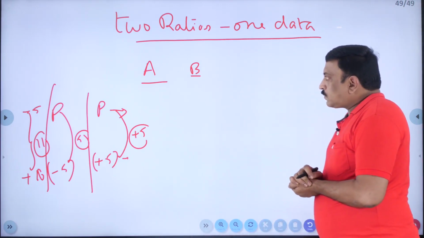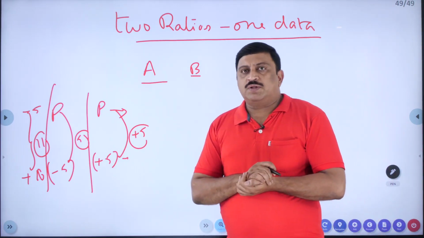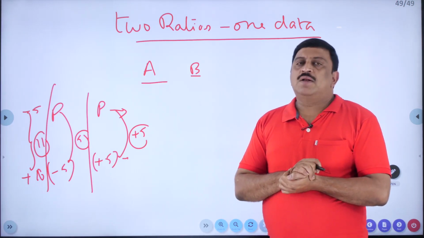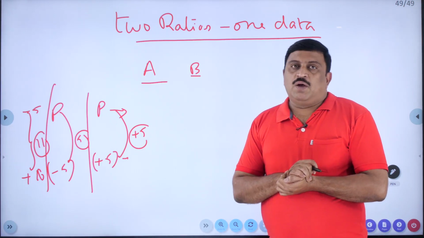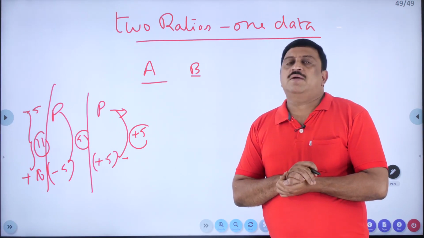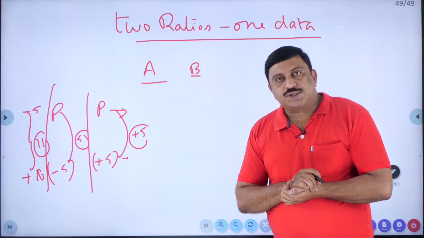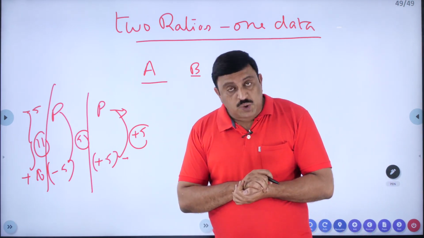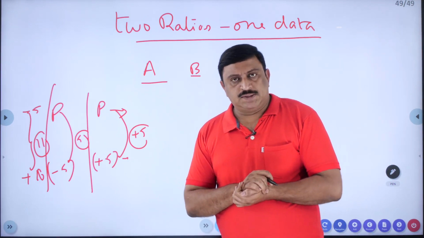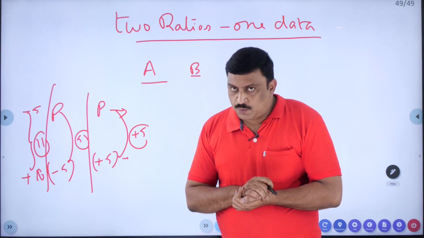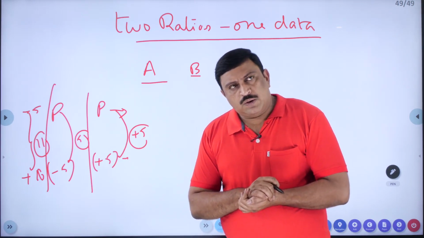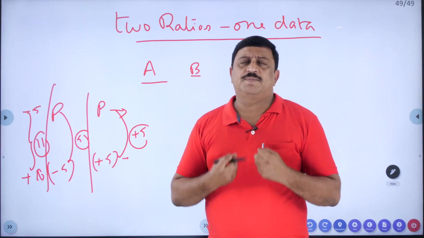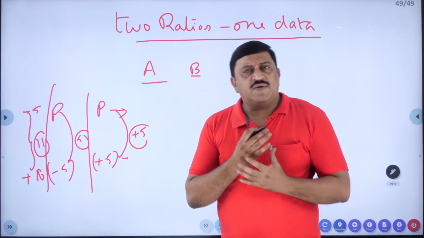See, here I will let you know about the original method of this 2 ratios 1 data model. After that I will go with a very important, very interesting and very useful technique, used in all chapters from ratio and proportion to almost the last, that is profit and loss, partnership, simple interest, compound interest, everything.